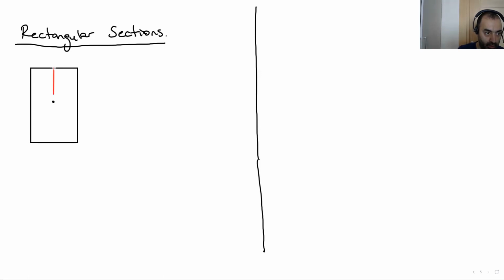From top to bottom, this is the first part. Stress distribution here. It's not completely linear.